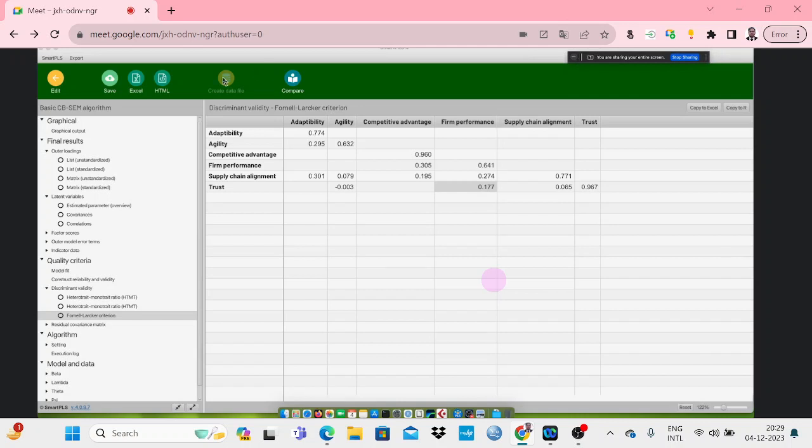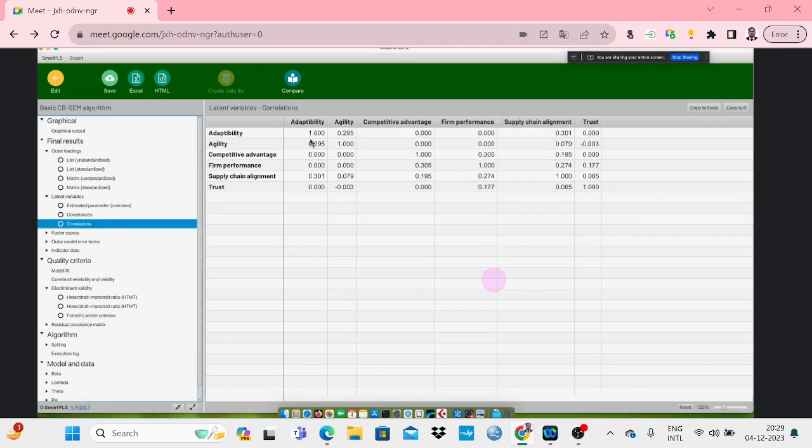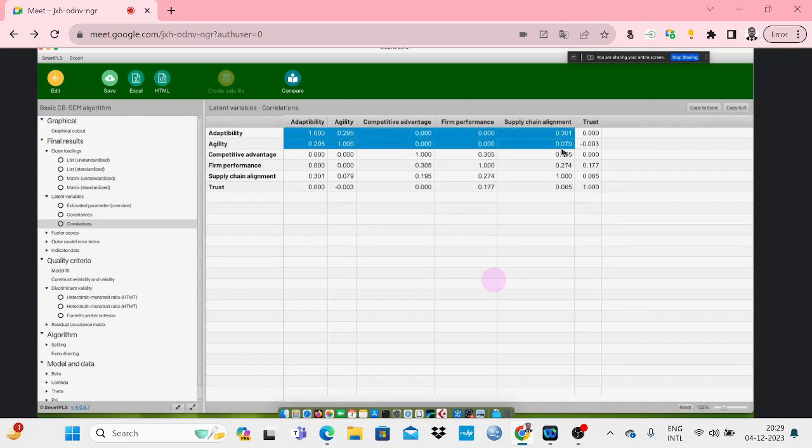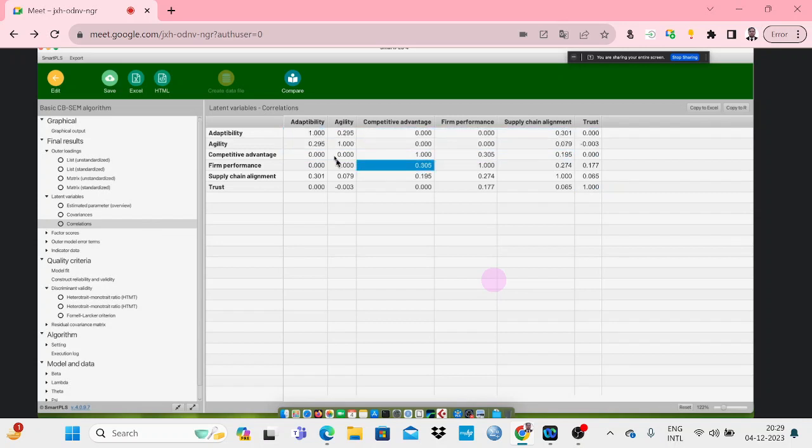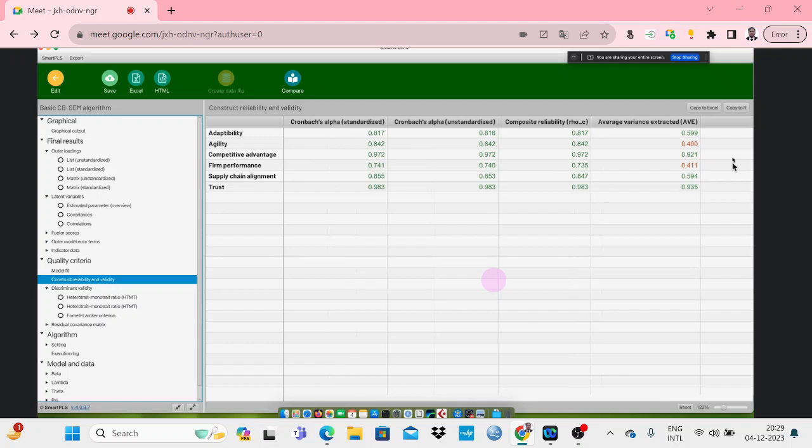So once again, I'll just repeat. We start with the correlation matrix. On the diagonal, these are ones because every variable correlates with itself perfectly. Then we erase the upper half of this matrix above these ones, and instead of 1, we copy the average variance extracted and take its square root. For example, for adaptability, the average variance extracted is 0.599.